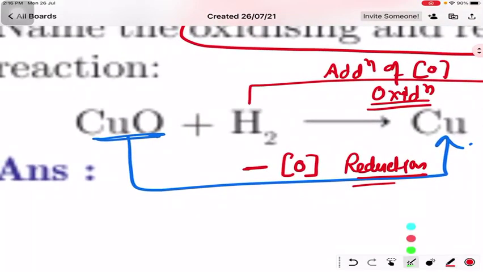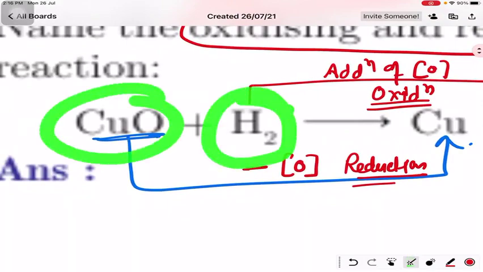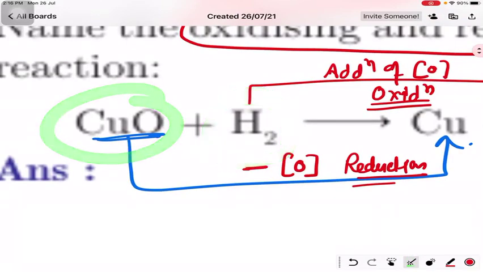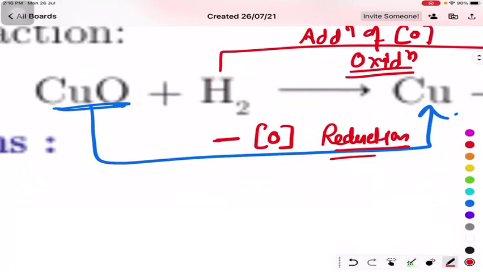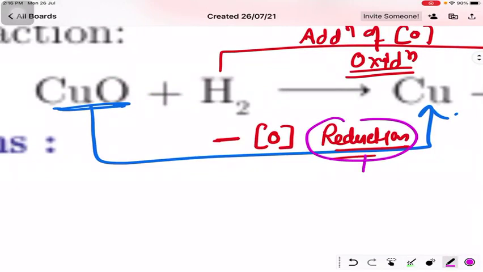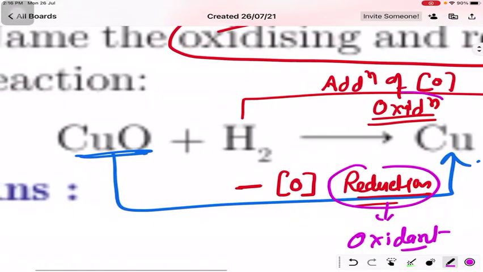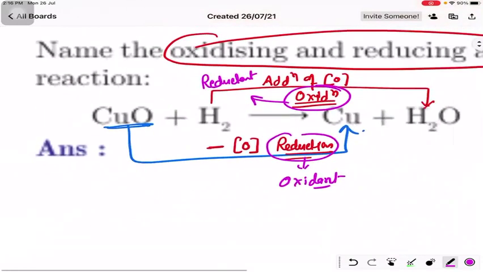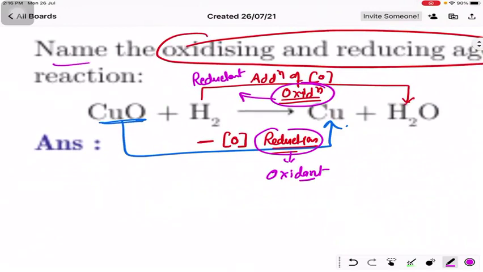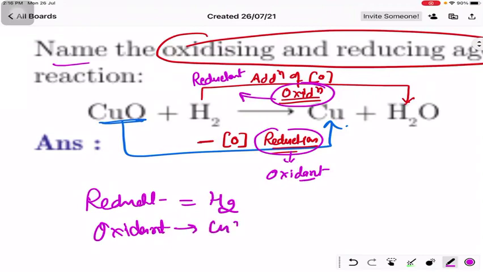You have to identify between the reactants only: one will be the oxidizing agent and the other the reducing agent. The species undergoing reduction acts as the oxidizing agent, the oxidant, whereas the species undergoing oxidation acts as the reductant. So your answer will simply be that the reductant is H2 and the oxidant is CuO.